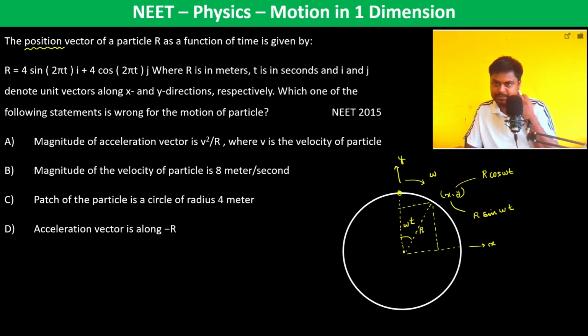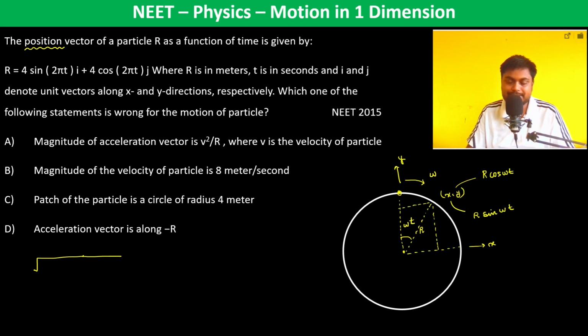So this is the scenario, and if we calculate the distance from the origin, which is x minus 0 whole square plus y minus 0 whole square, this is equal to root over r square into sine square omega t plus cos square omega t.